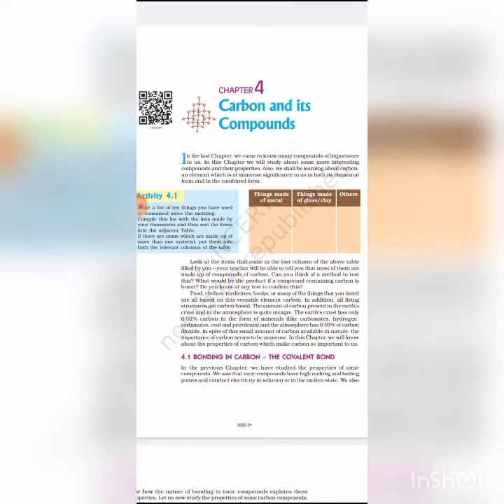Graphite conducts electricity because it has some free electrons, but diamond doesn't conduct electricity due to lack of free electrons. Graphite can conduct heat but not extensively, but diamond is a very bad conductor of heat.